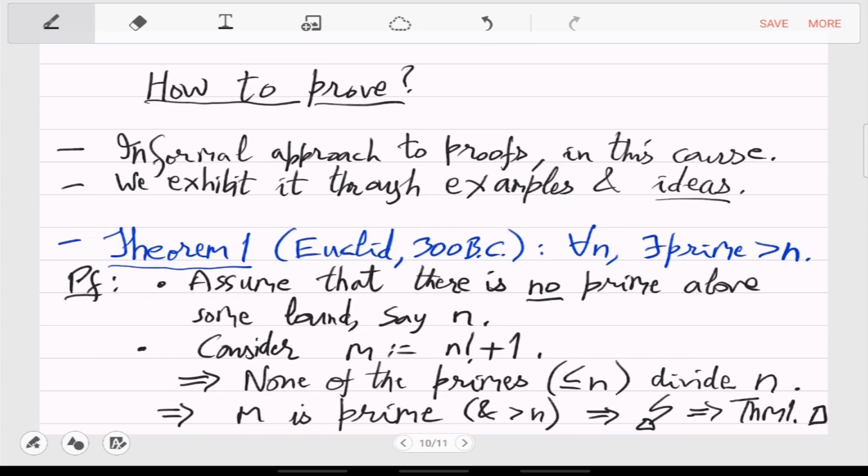So if m is not prime, then ultimately there is some prime which divides m. But what is the set of primes? The set of primes is actually a subset of 1 to n. That was the first line. So here what you are assuming is that the set of primes is a subset of 1 to n.